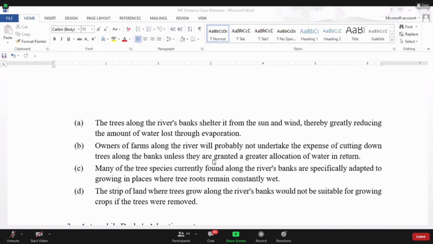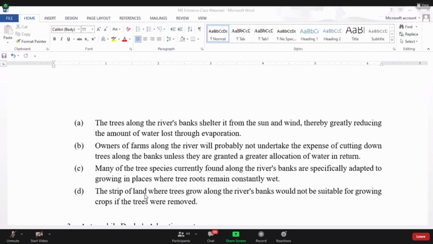For crop irrigation, water is needed. For crop irrigation, trees should not be removed. Which option is talking about this? Now, you say D can also be it. Now see, the strip of land, that is a piece of land where trees grow along the river's banks, would not be suitable for growing crops if the trees were removed.